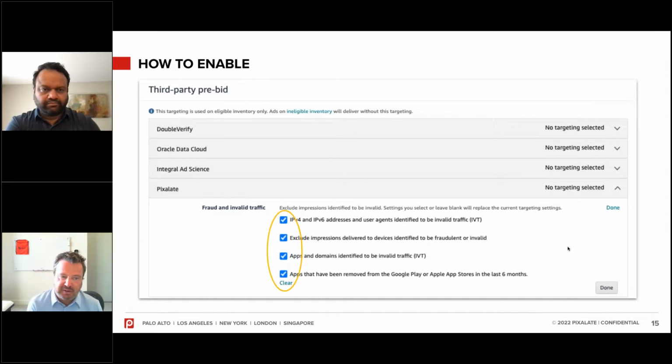Under Pixalate, you can select our section, turn on the targeting to exclude impressions identified to be invalid in these different sections that we talked about a few minutes ago, and you click done. That's as simple as it is, when you're running a campaign, to turn us on and start using us to remove your invalid traffic.